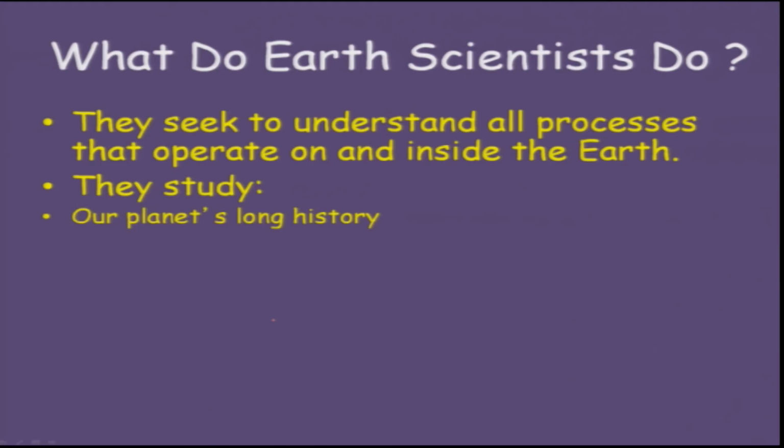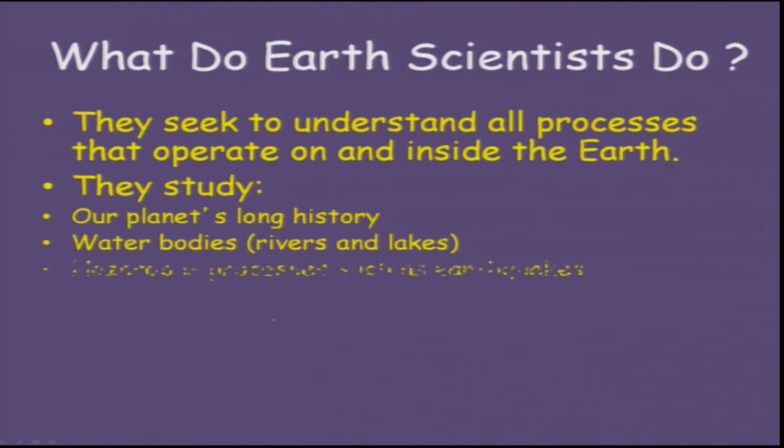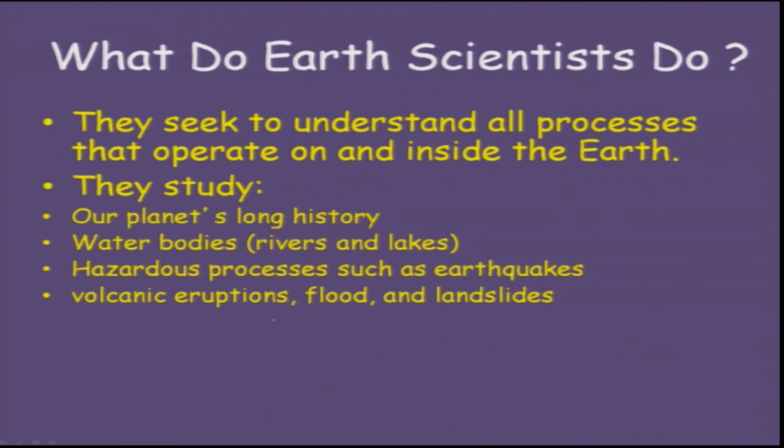They mainly study our planet's long history, how it evolved, and come up with a lot of theories and postulations about how the planet evolved. Then we talk about the rivers and lakes, water bodies mainly, then hazardous processes such as earthquakes, tsunamis, volcanic eruptions, floods and landslides, rocks, and the subsurface patterns. They also look with the help of remote sensing to study the surface processes or surface morphology.